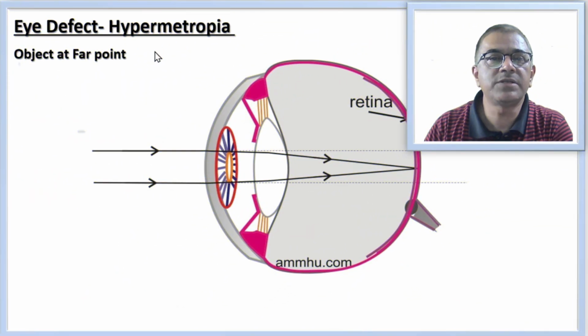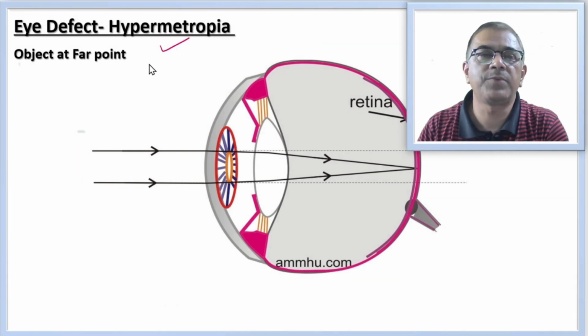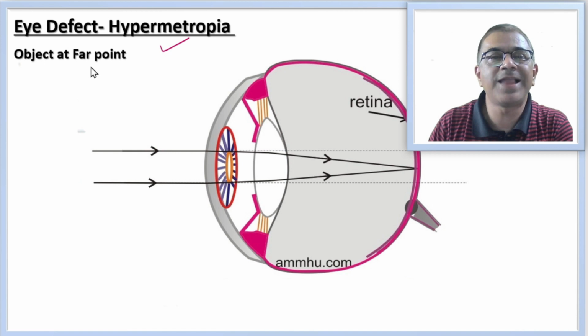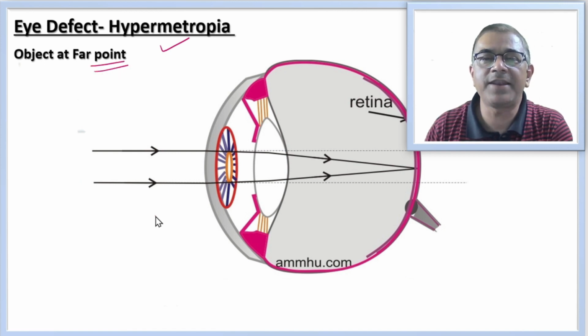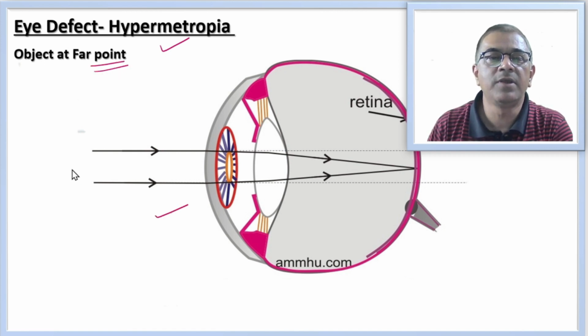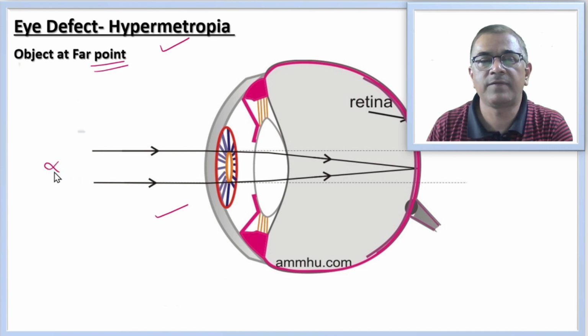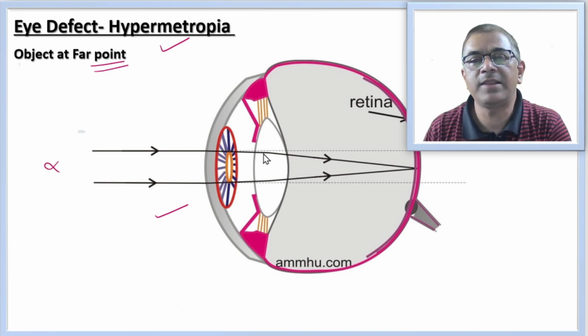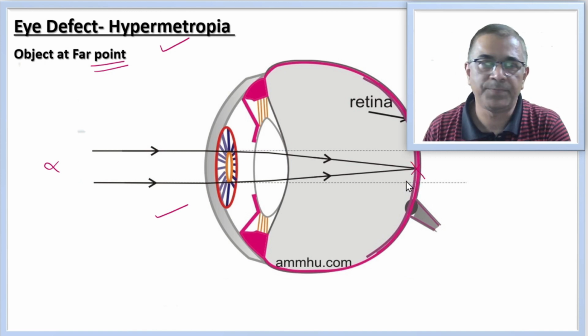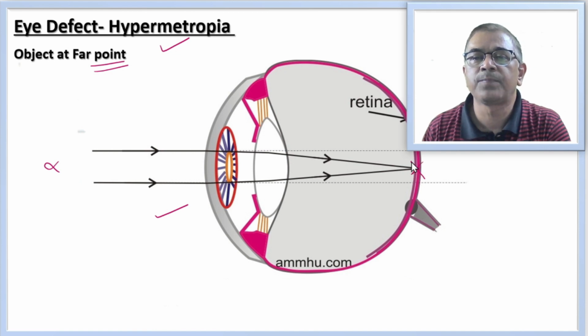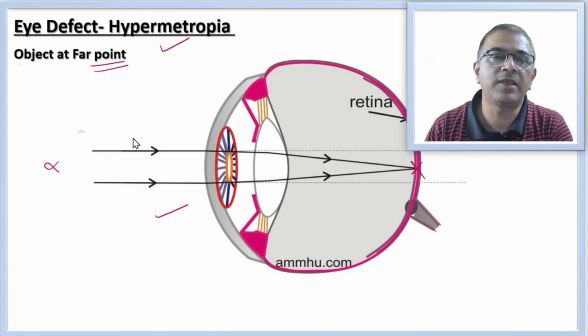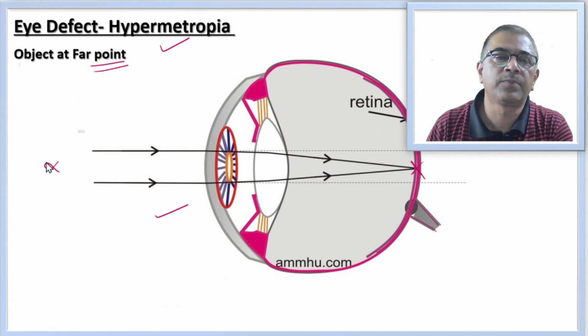Let us discuss the case of a person who is suffering from hypermetropia. A person suffering from hypermetropia can see objects lying at far off points with clarity. As you see in this diagram, if the object lies at the far off point, then the eye lens system is able to focus it at the retina, and because the rays focus at the retina, he will be able to see the object with clarity.